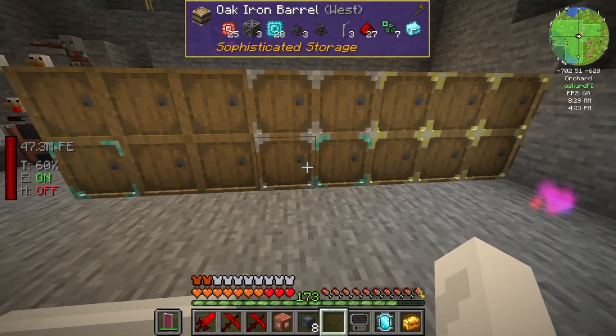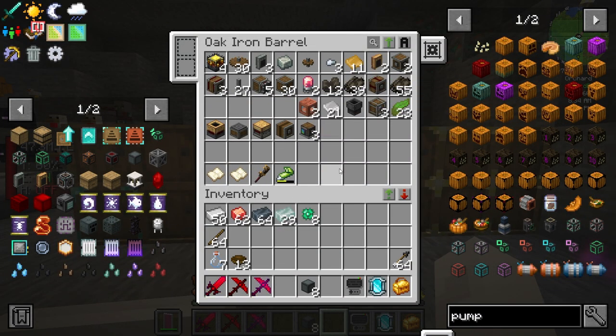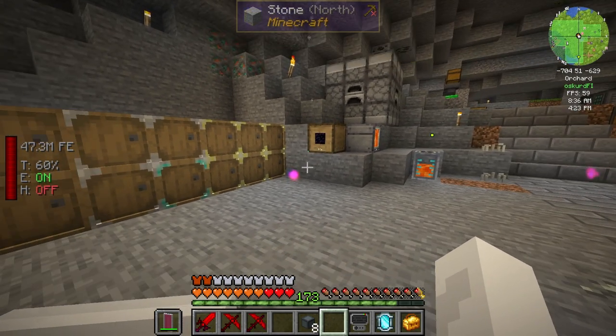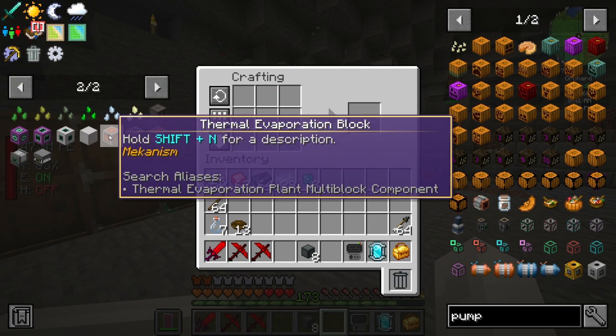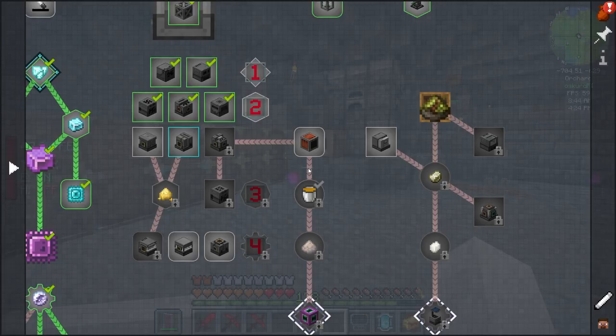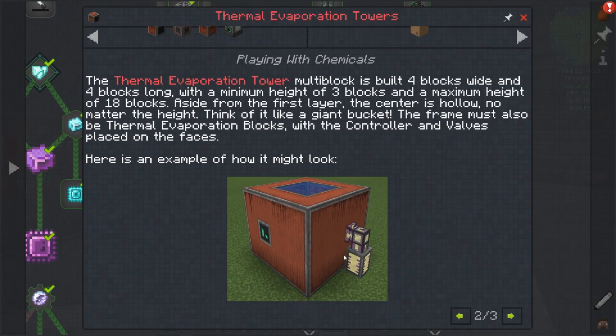We don't need you yet, so you can go in here. And for our tower we need, like, it was just like bucket. 4 blocks wide, 4 blocks long.